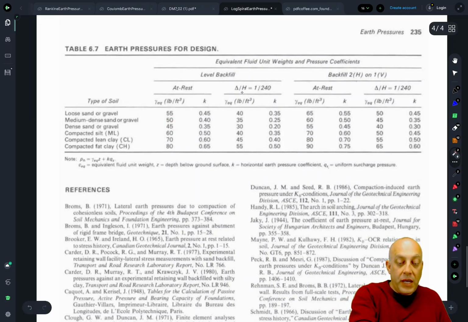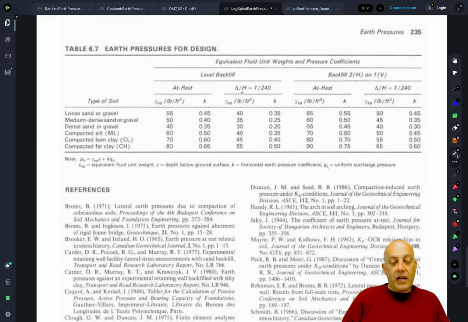Then when we get into compacted silt, it goes up, right? We get 60. Compacted lean clay, you get 70, and then compacted high plasticity clay, you're up to 80 pounds per cubic foot. And this is an interesting one because technically for clay, right after compaction, you can make a vertical cut in the clay and it's not going to push on the wall at all. So the horizontal pressure is potentially zero.